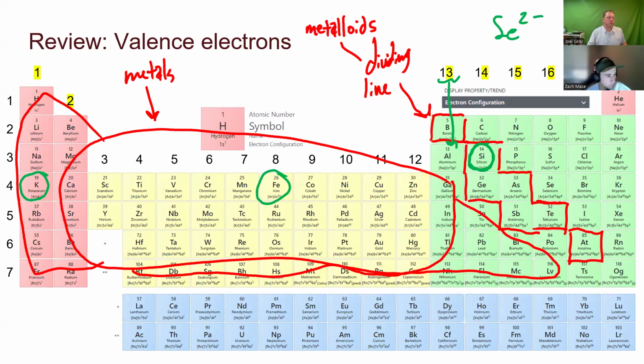How many total electrons does Se 2 minus have? The correct answer is 36. Now what I want you to do is add to the chat, how many total electrons does Se have?